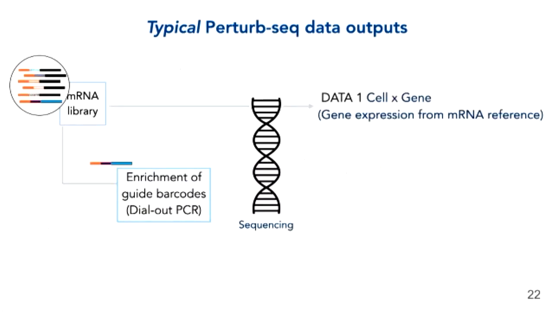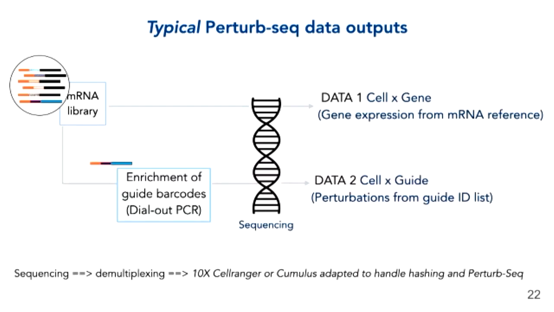The mRNA library gives us one data set, which is our gene expression data set, as in any single-cell RNA-seq experiment. And the dial-out guide library actually gives us the perturbation matrix, which is a cell-by-guide matrix. And all of this pre-processing can be done using standard workflows.